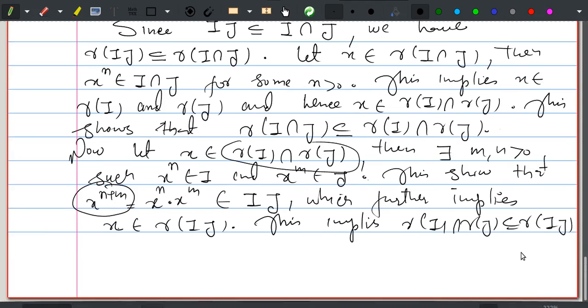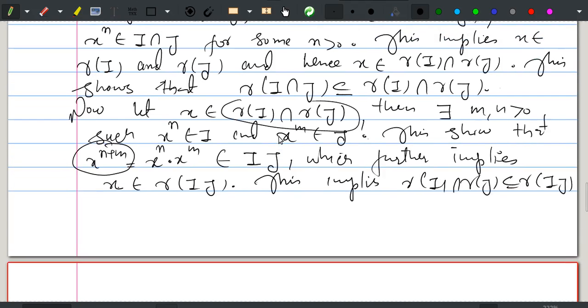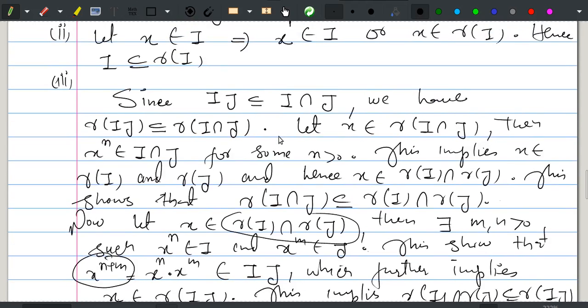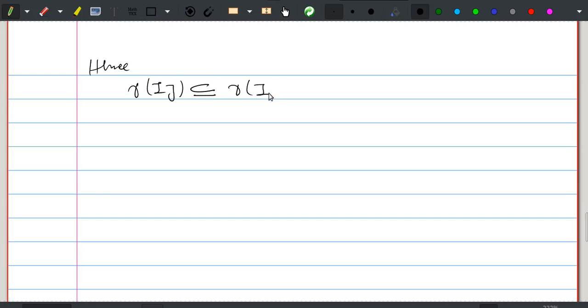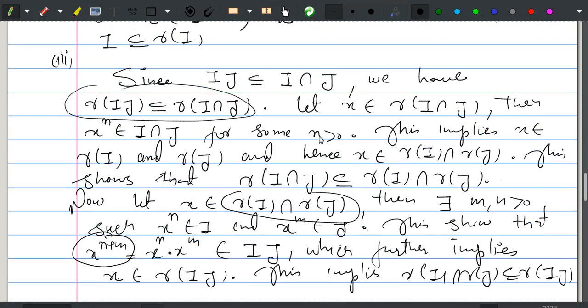Now let us see what we got. So first of all we see here this containment, so hence the radical of IJ is actually contained in the radical of I ∩ J. So this is from here.